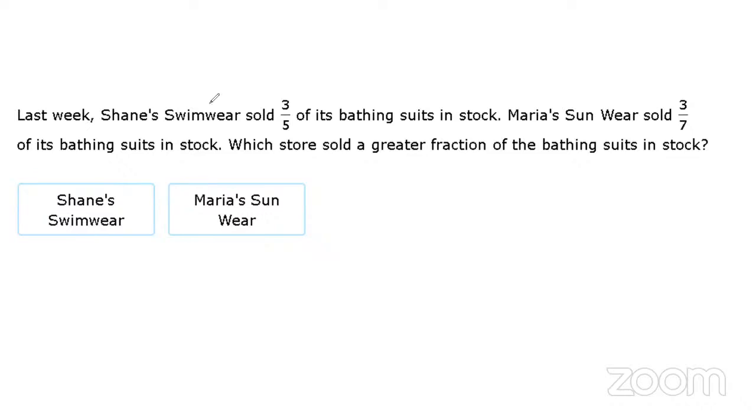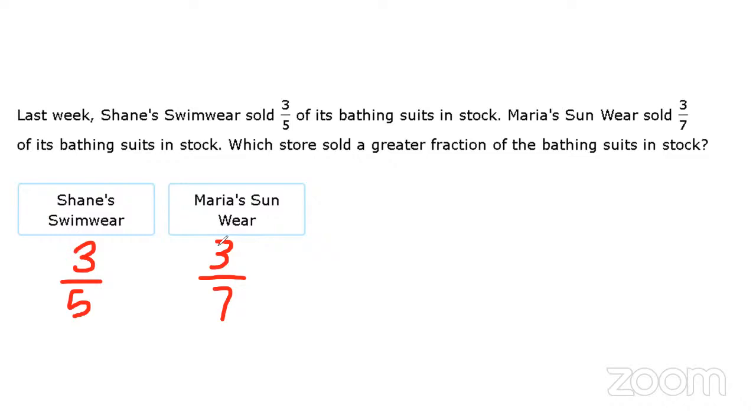Shane's swimwear 3/5 and Maria's sunwear 3/7. Now, this should be quite simple for each of you. Based on the different rules when comparing fractions, you should be able to figure this out.